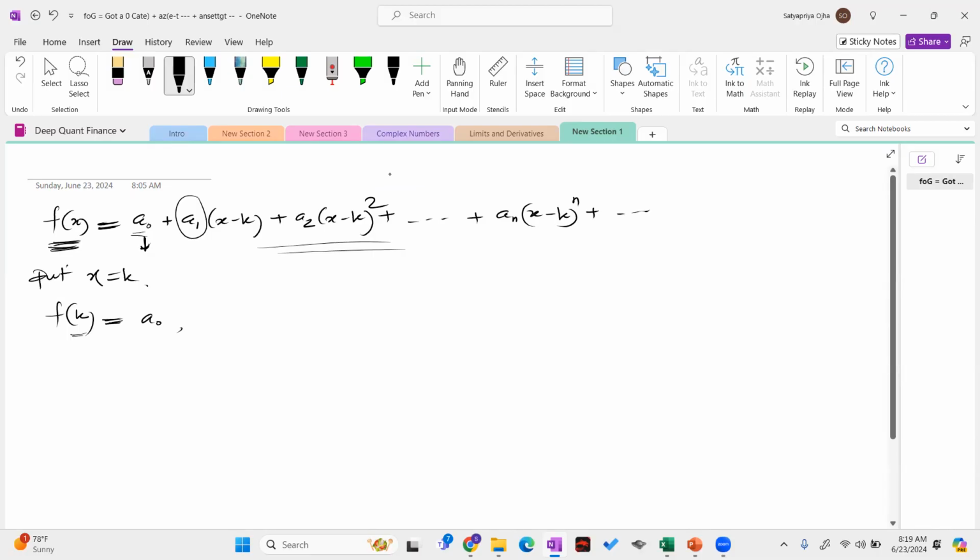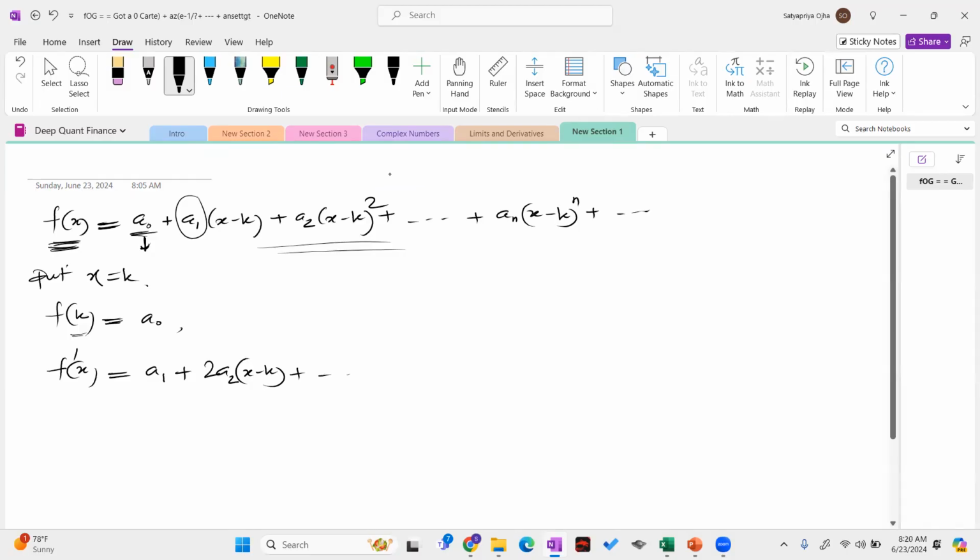Yes. So as Mridul said, differentiate the function on the left hand side, right hand side once with respect to x. We get f dash x is equal to derivative of constant is 0. We have a1. Derivative of x minus k is just 1, plus 2a2 x minus k plus so on.